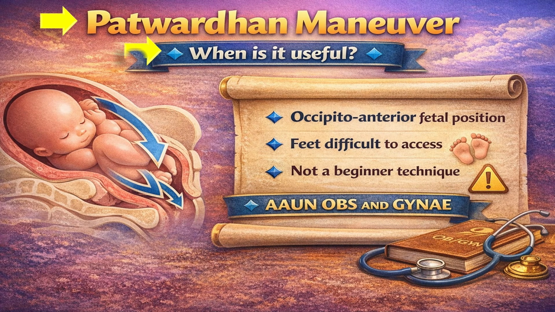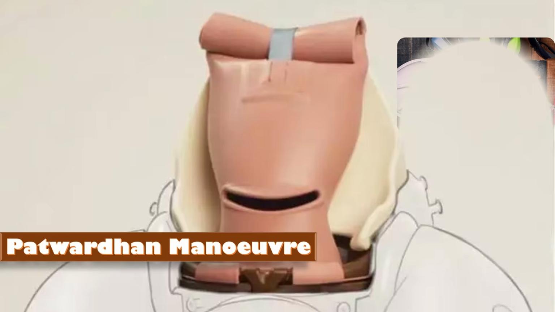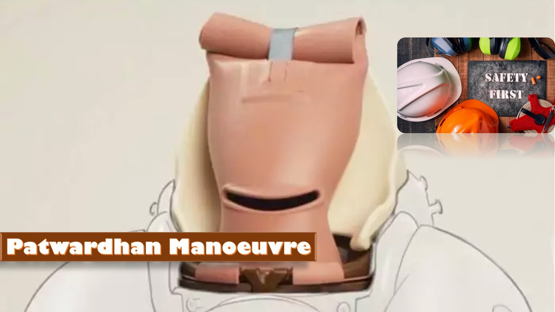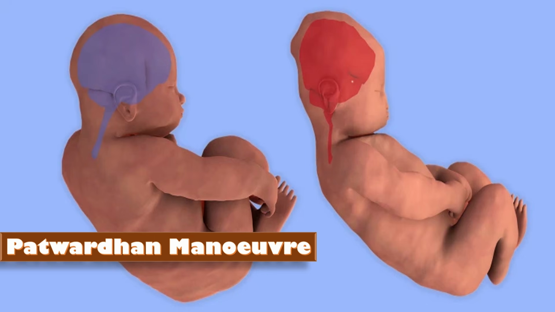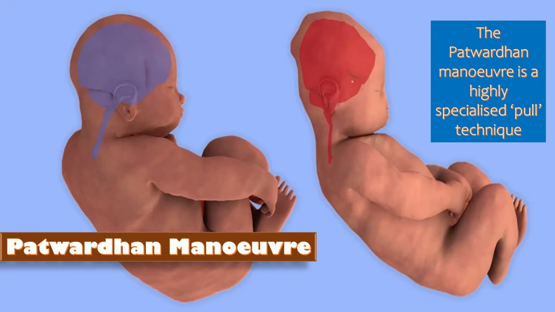It is useful in case of occipito-anterior fetal position when the feet are difficult to access, and it is not a beginner technique. Safety comes first. Gentle, skillful handling is essential. So, the bottom line is that it is a highly specialized pull technique, valuable in selected cases, but only safe in trained, experienced hands.